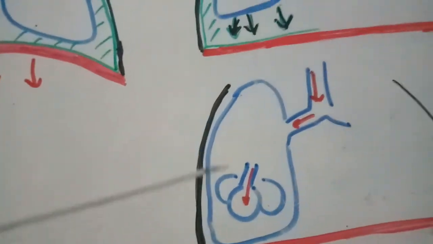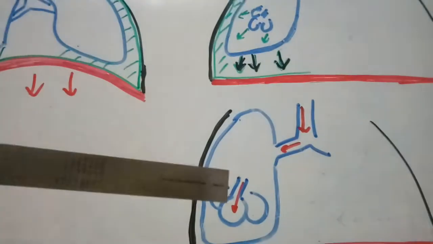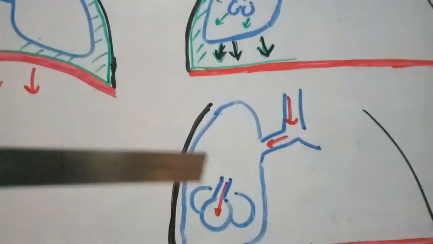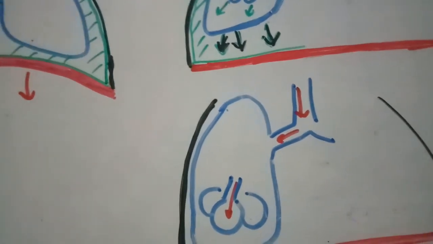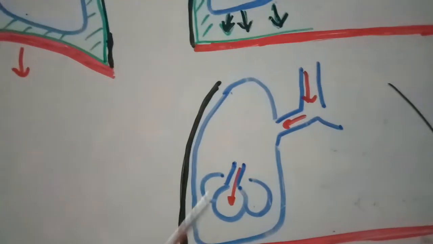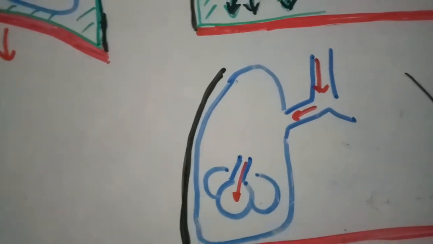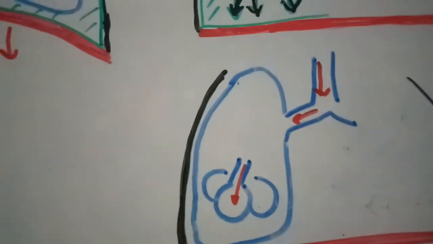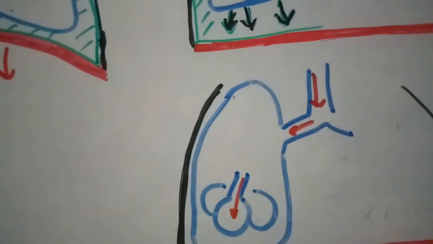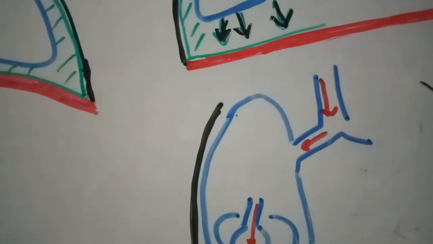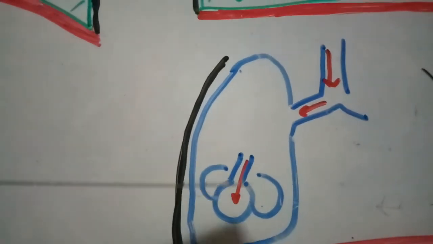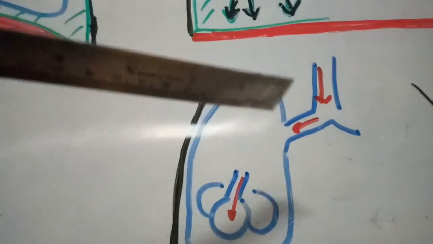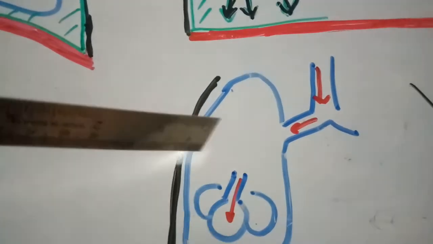As it expands, it will also force the alveoli to expand, and this will create a negative pressure in the alveoli. And we know that air flows from positive pressure to negative pressure. So air flows from the atmosphere to the negative intrapulmonary or negative alveolar pressure. So air will flow from the airway tract to the alveoli.